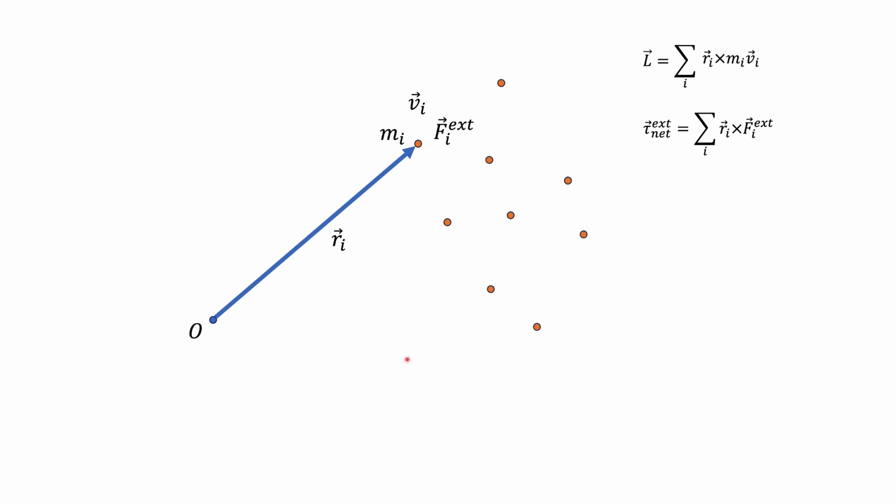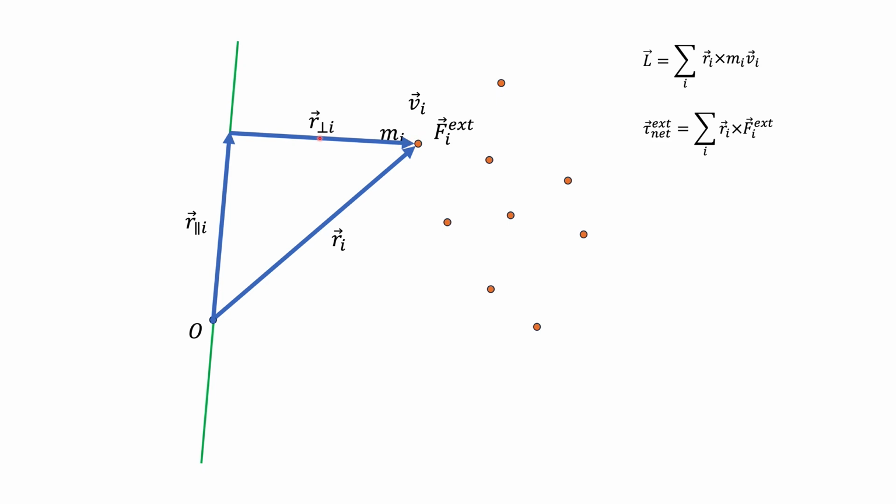Very often when we consider angular momentum and torque, we're not going to be considering these properties with respect to a point. We're going to be considering them with respect to an axis. So the way you're going to handle these things is, first of all, to split the vector r_i into two components. One component will be parallel to the axis, and the other is going to be at 90 degrees to the axis, perpendicular to the axis.